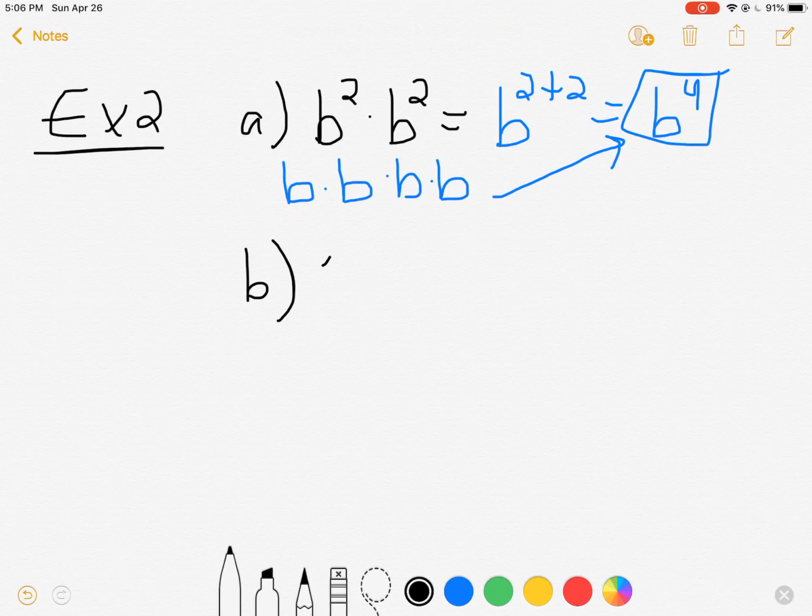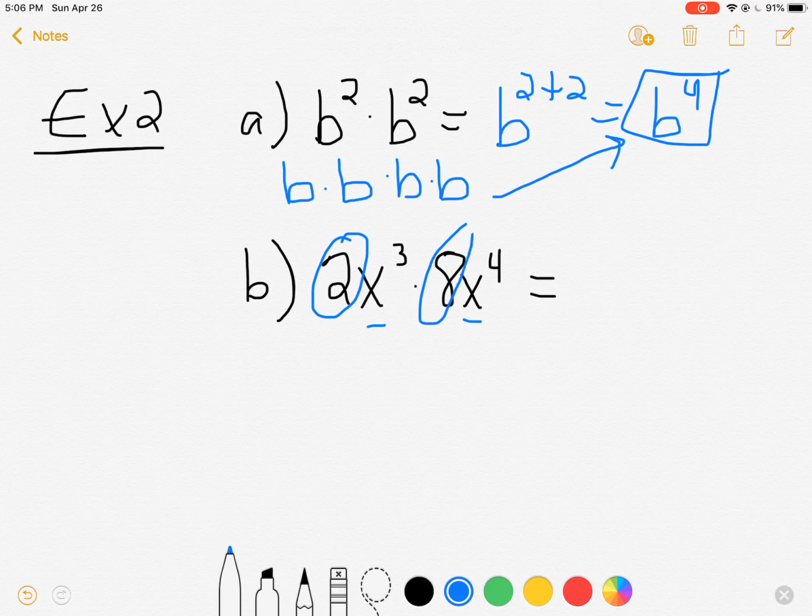On part B, we have 2x to the third times 8x to the fourth. So the bases here are the x's. So I'm actually going to multiply the 2 and the 8, and that'll be a 16. And then I add the exponents of 3 and 4.